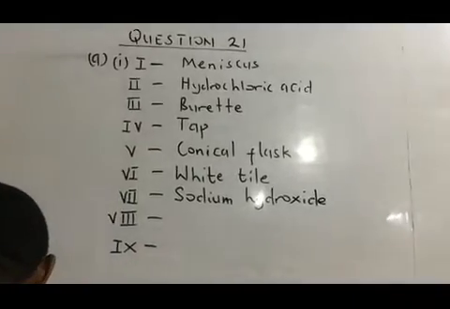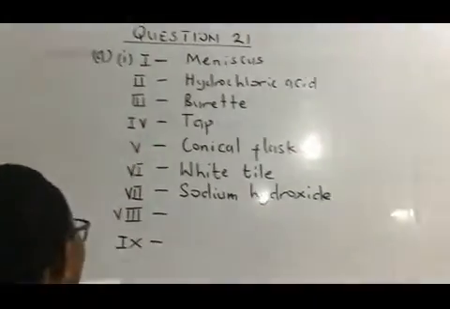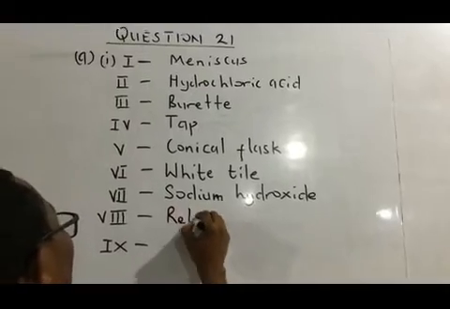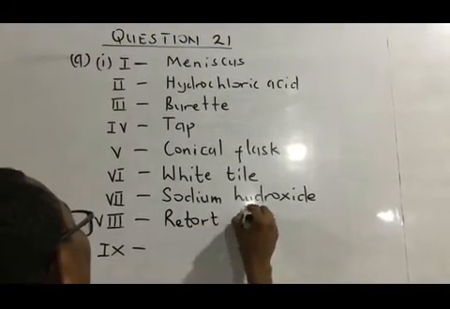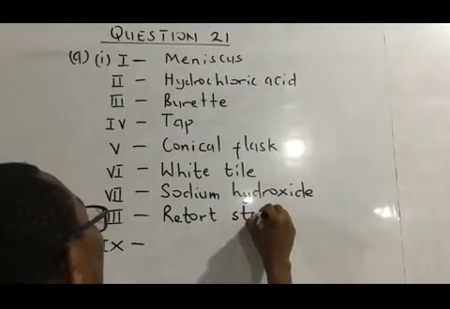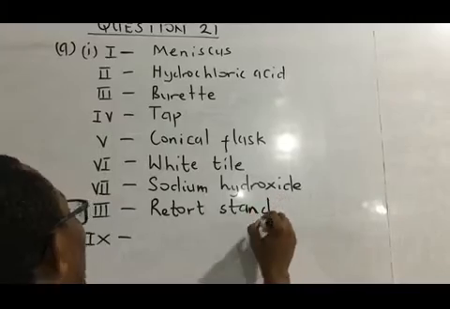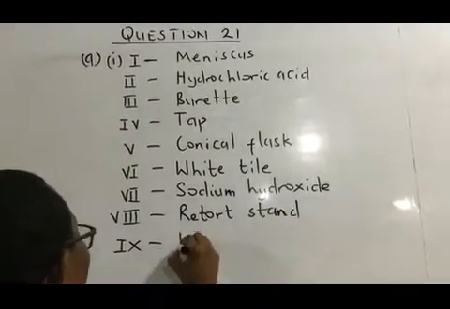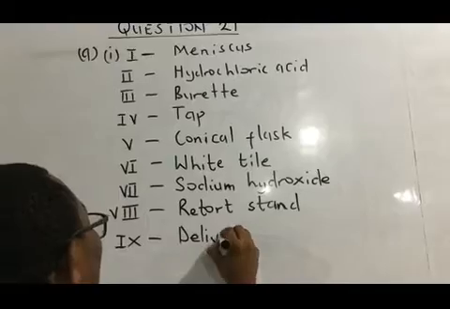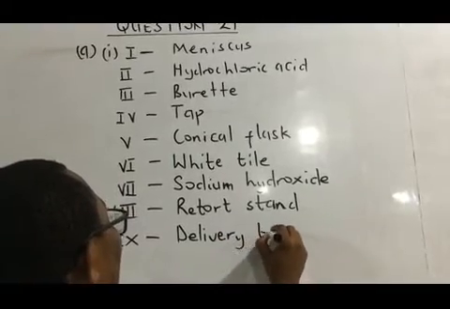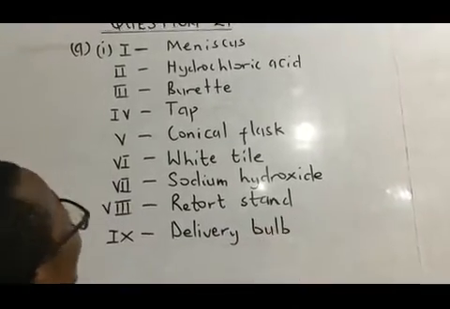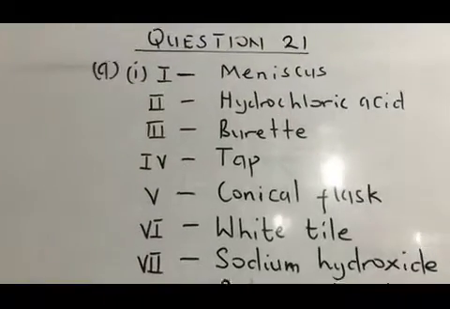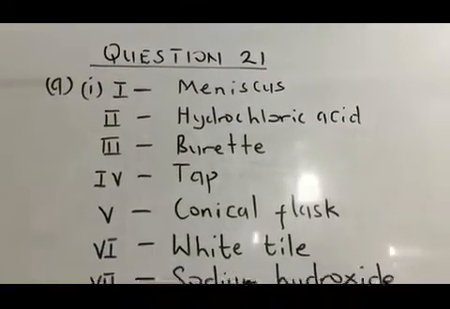The VIII is the retort stand. And lastly, the IX there is the delivery bulb. Okay, so these are the labeled parts of A(i).